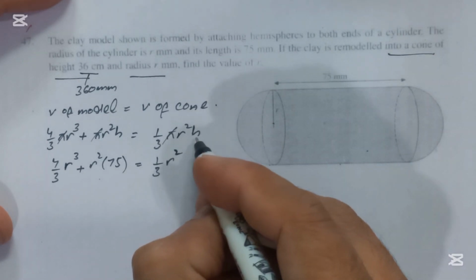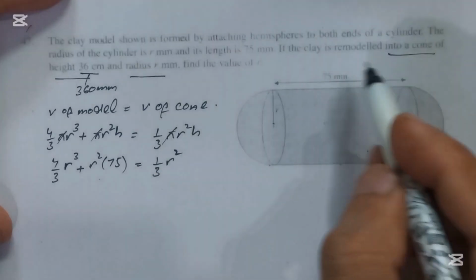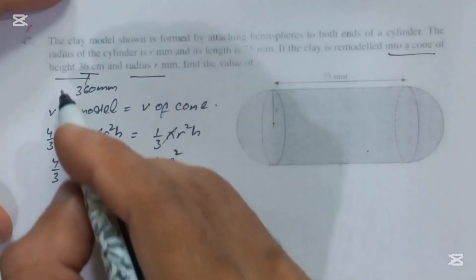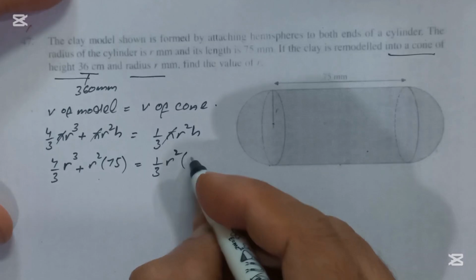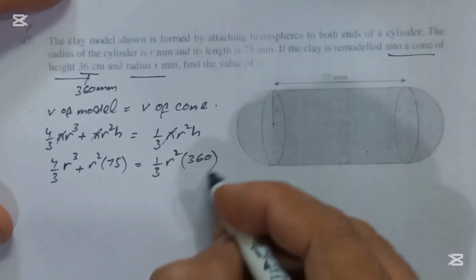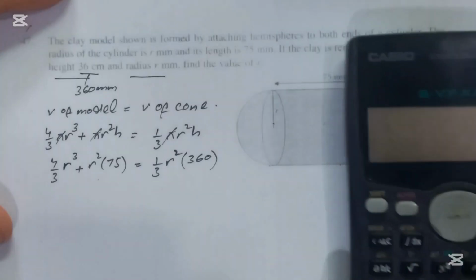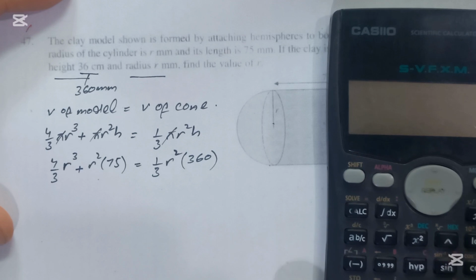And this h is actually cone's height, and cone's height is given, that is 360 millimeter. Solve it on the calculator.